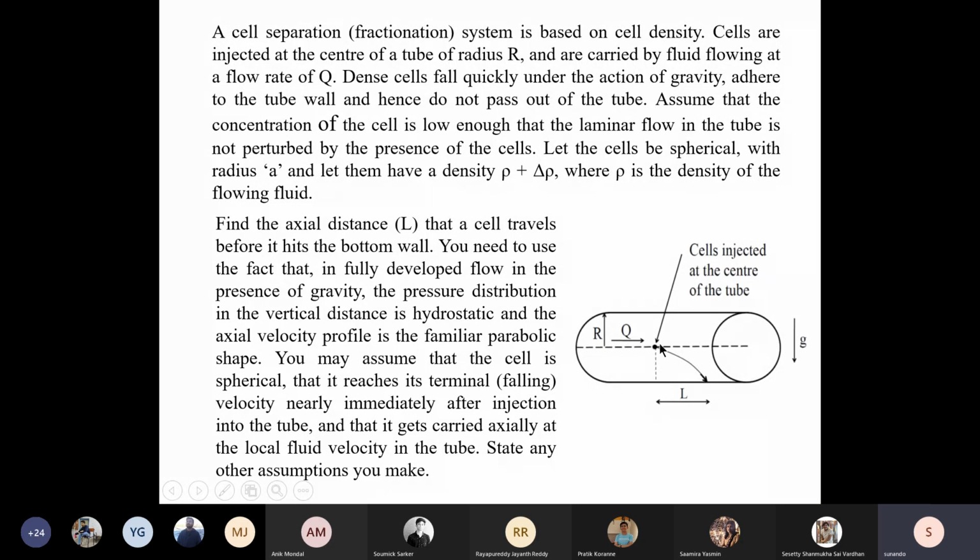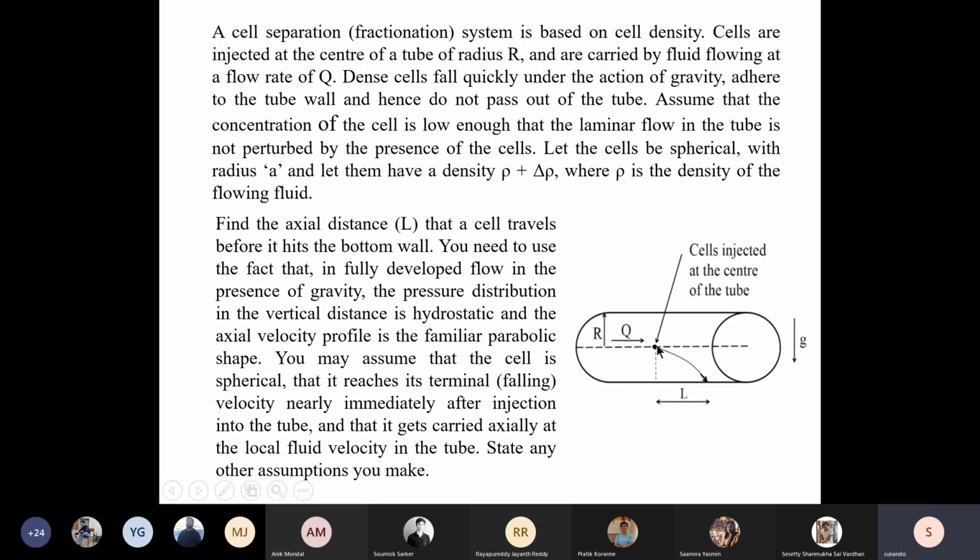The injection is always done at the central line, and the cell gets carried at the local fluid velocity of the tube. So once it starts falling, if it's at this point, then it's going to have a z component which is equal to the velocity of the fluid at that point. Of course, as I move towards the bottom, the velocity is going to progressively decrease, and the z component of the velocity would be small.